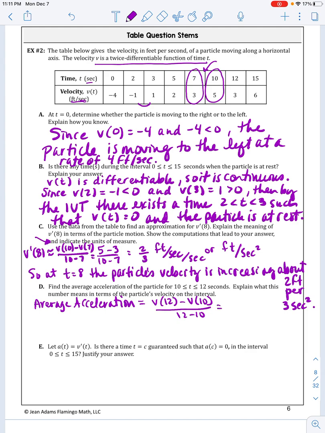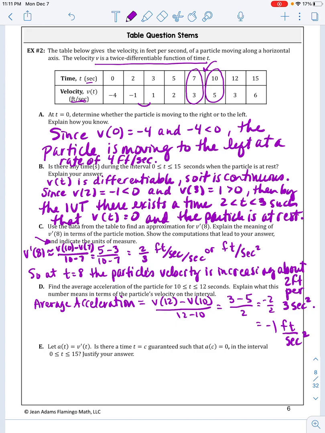And so this is going to be 3 minus 5 over 2, which is a negative 2 over 2, which is a negative 1. And since this is average acceleration, this up here is our feet per second, and then this is our per second. So this is going to be negative 1 feet per second squared.